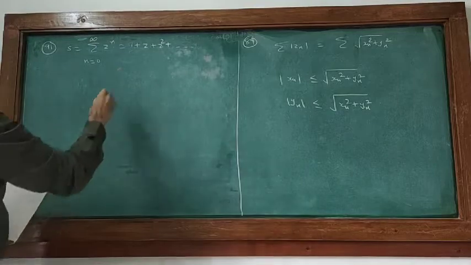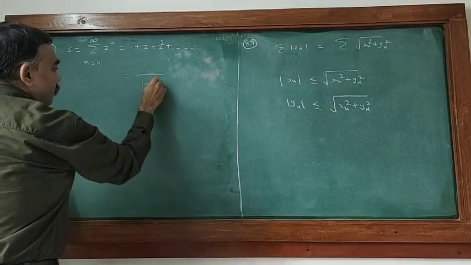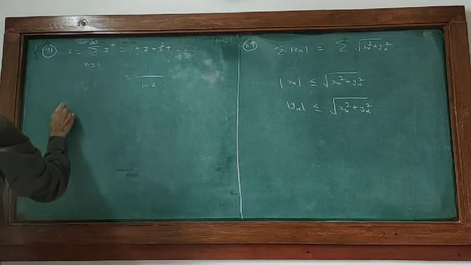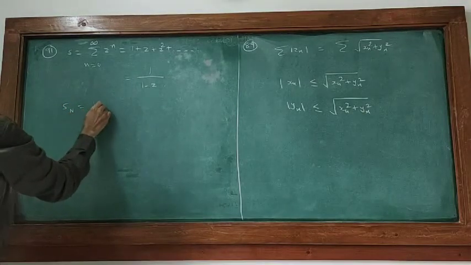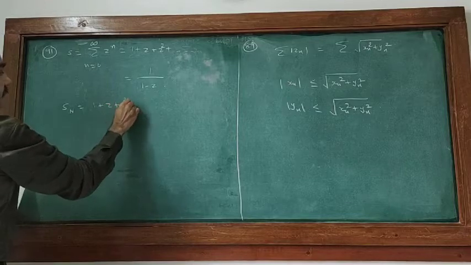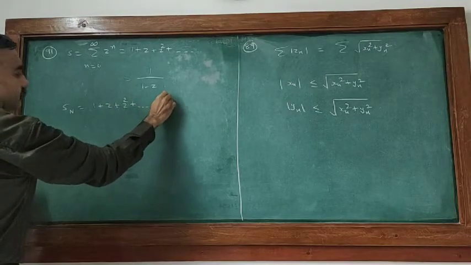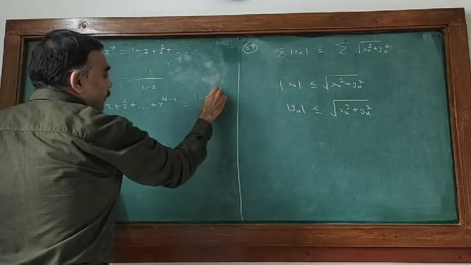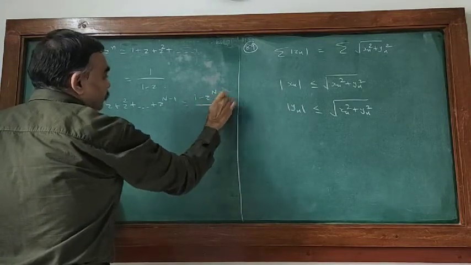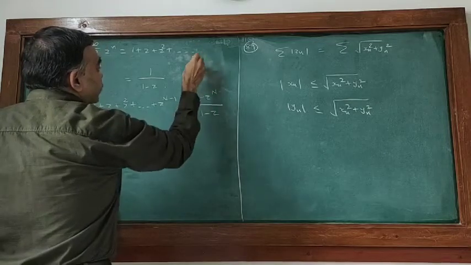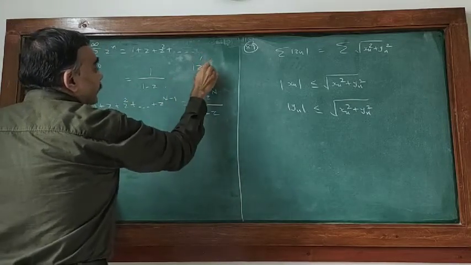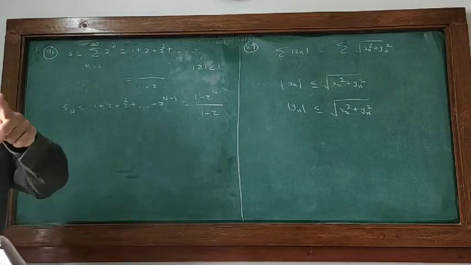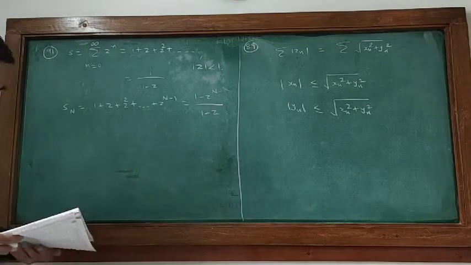And obviously you know that this sum is equal to 1 upon 1 minus z. Sn is 1 plus z plus z square up to z raised to n minus 1, so this is equal to 1 minus z raised to n upon 1 minus z. Obviously, whenever we are taking this, it is assumed that modulus z is less than 1. We always keep that in mind.